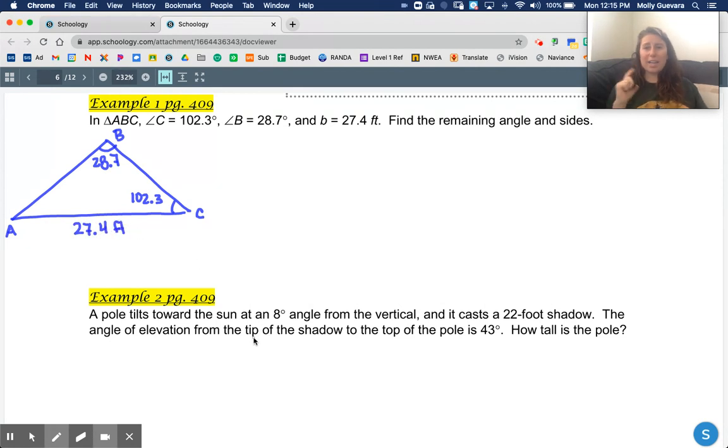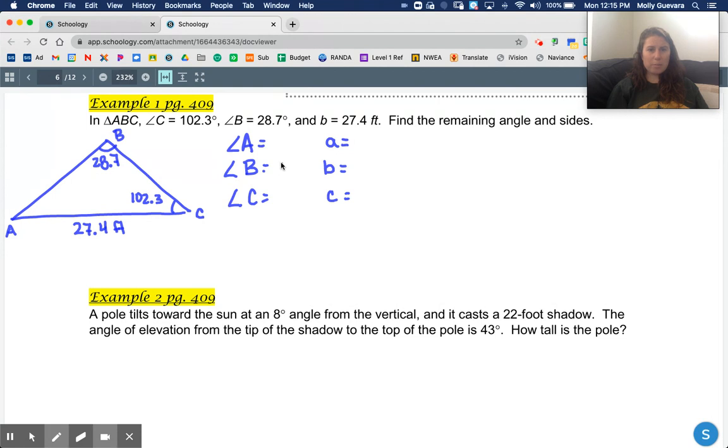So the question again, I always ask myself, do I know an angle and the side across from the angle? And in this case, the answer is yes, right? I know an angle and the side across from the angle. So I'm going to go ahead and make my list, right? Because it wants me to solve the triangle, which means I have to have all 6 pieces.